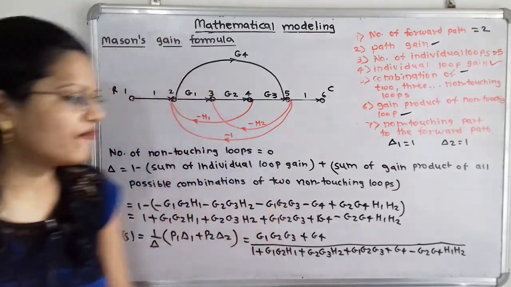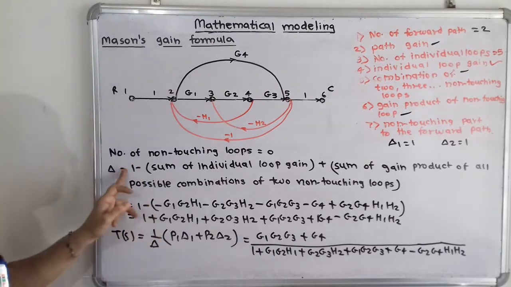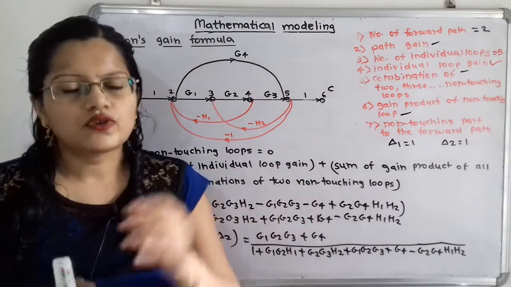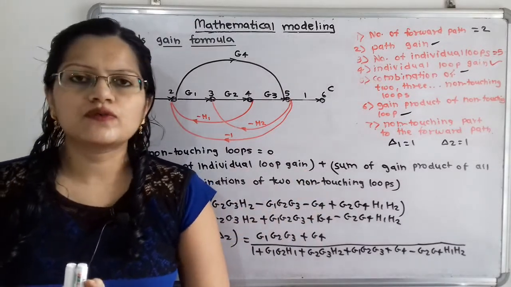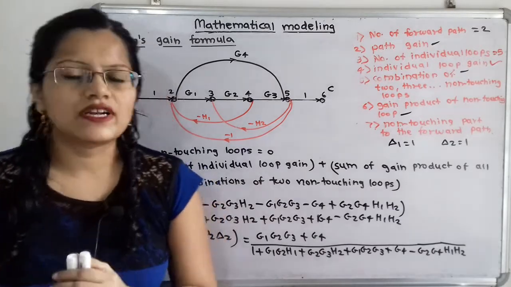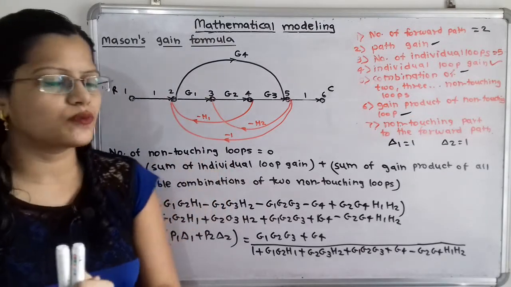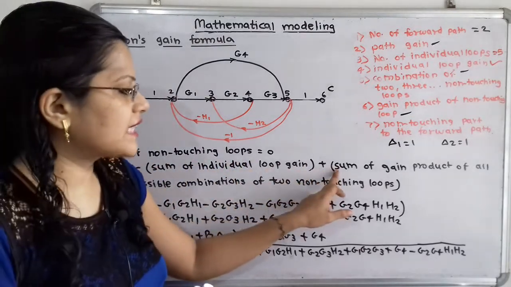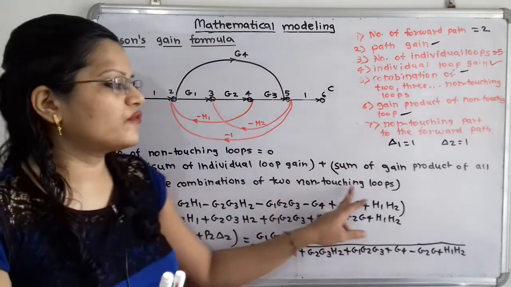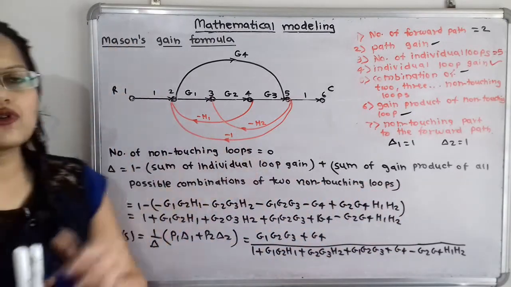So for that we will first find out what is the value of delta. So formula is 1 minus in the bracket sum of individual loop gain. So for these total 5 loops we have already calculated the loop gain. So we have to take addition of all these loop gains plus in the second bracket sum of gain product of all possible combinations of 2 non-touching loops. But we know that in this question number of non-touching loops is equal to 0.